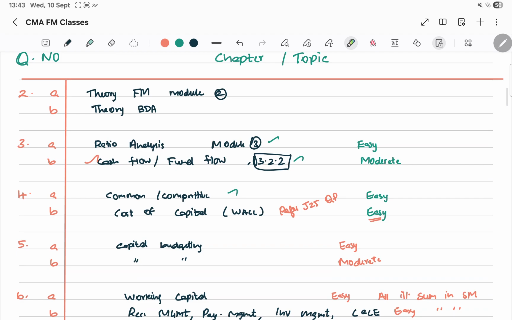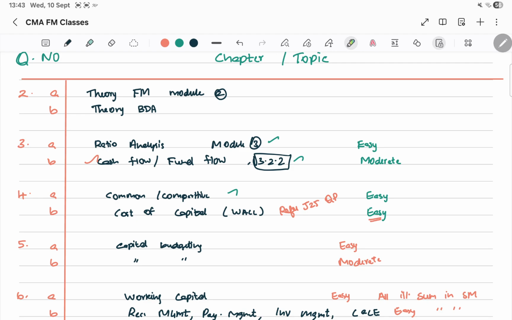In question 2A, you will get one question on financial management theory from module 2, such as primary market, secondary market or money market. From BDA theory, you will get one question from any of the 4 chapters.